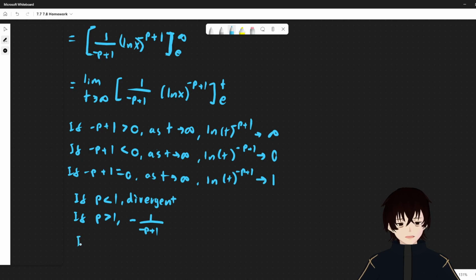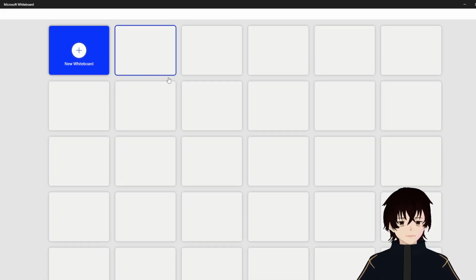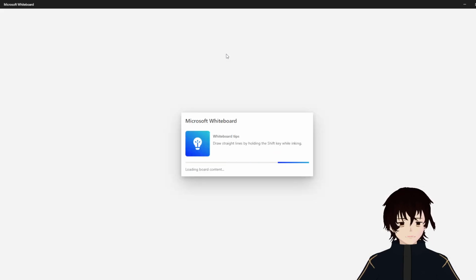And if p is equal to 1, so we get, shouldn't this be divergent? Because of this. I need reference once again. Draw straight lines. Wait, I can draw straight lines?